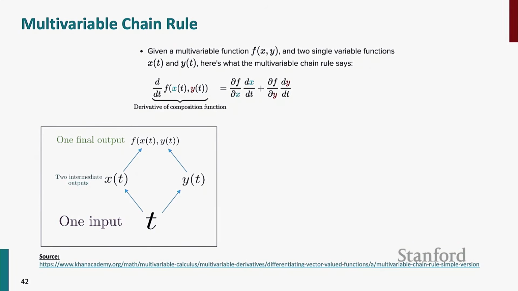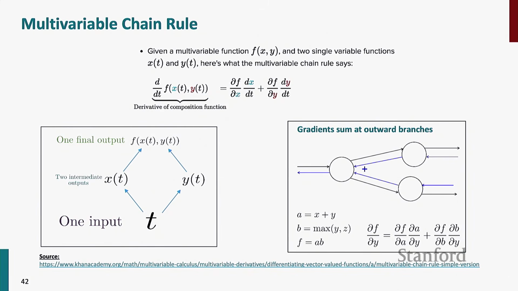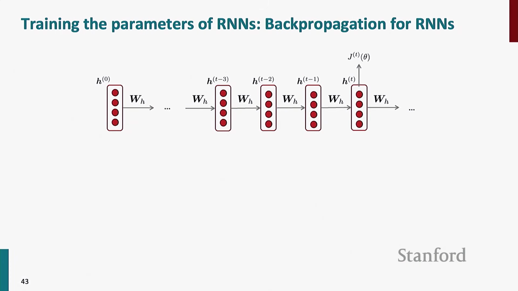The reason why is that it follows what I talked about in lecture 3, and you can also think about it in terms of what you might remember from multivariable chain rules. The way I introduced in lecture 3 is that gradients sum at outward branches. So you can think of it like this: you've got a WH matrix which is being copied by identity to WH1, WH2, WH3, WH4, etc. at each time step.